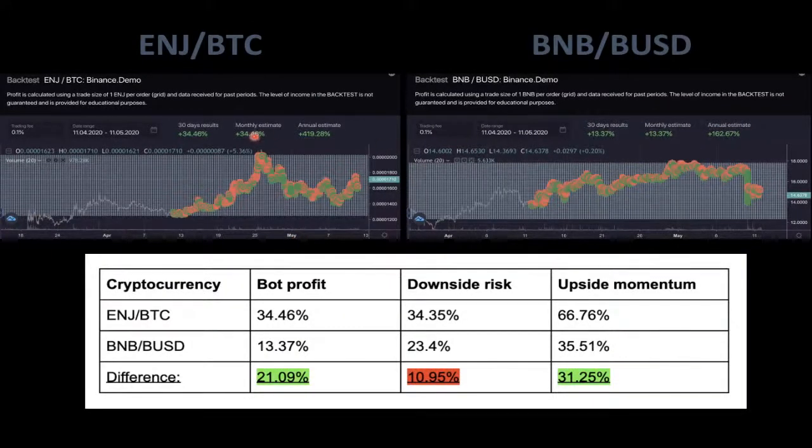So when you decide whether to trade ETH to Bitcoin or BNB to BUSD, you will find that here you have this annual estimation based on monthly returns, and you have this annual estimation for BNB as well, which you can compare with each other. It doesn't take into account the compound effect because, as I already mentioned, the value change of the base currency is not considered in this calculation as of now.